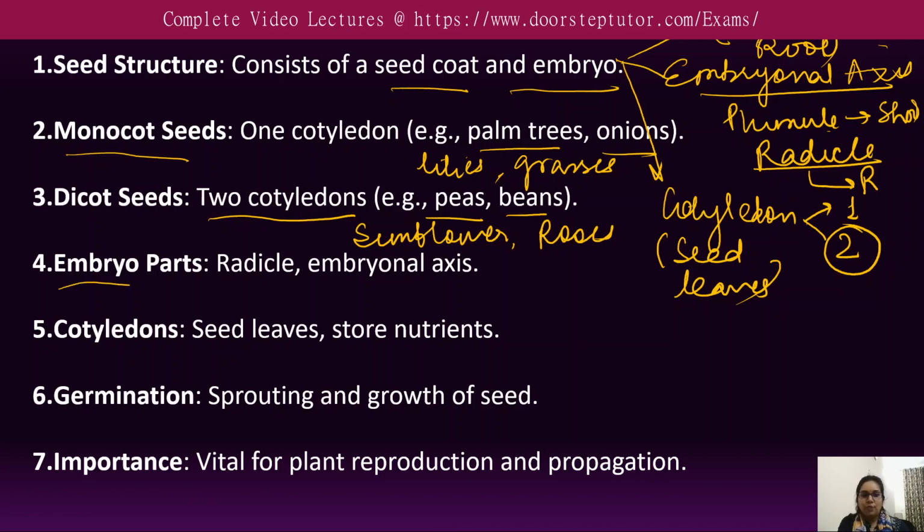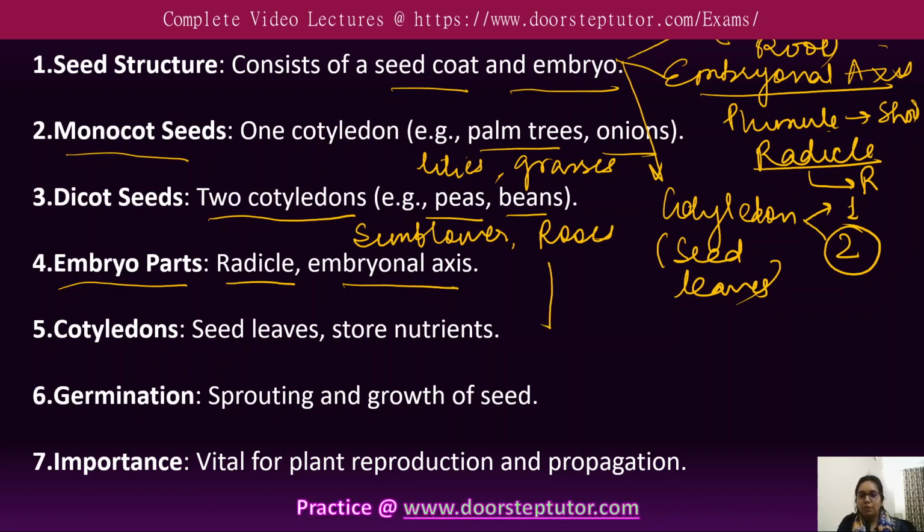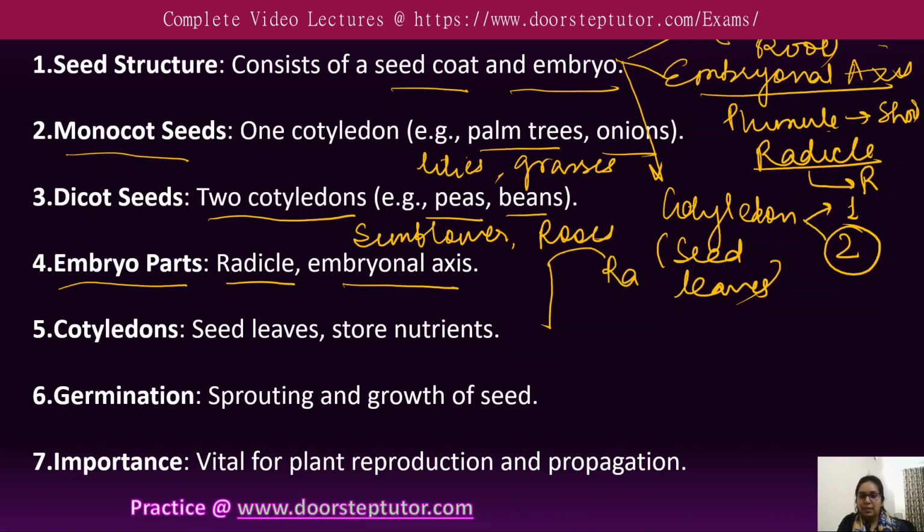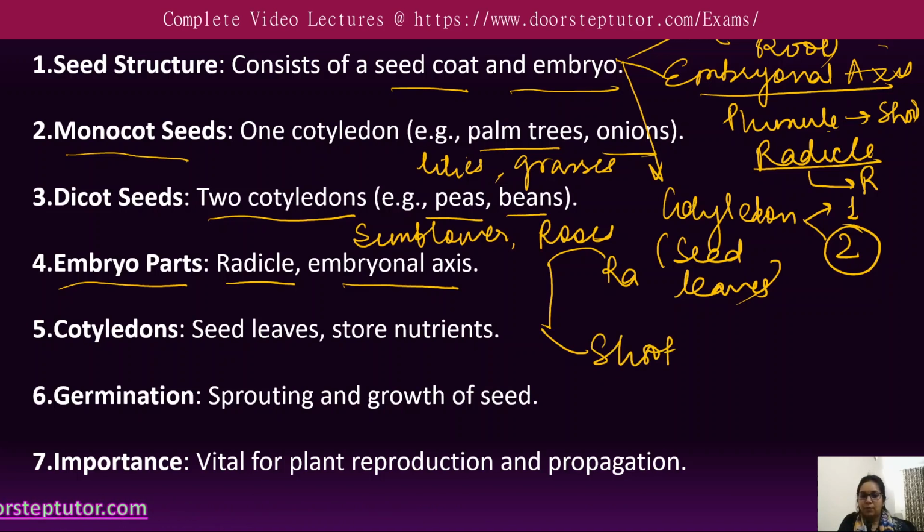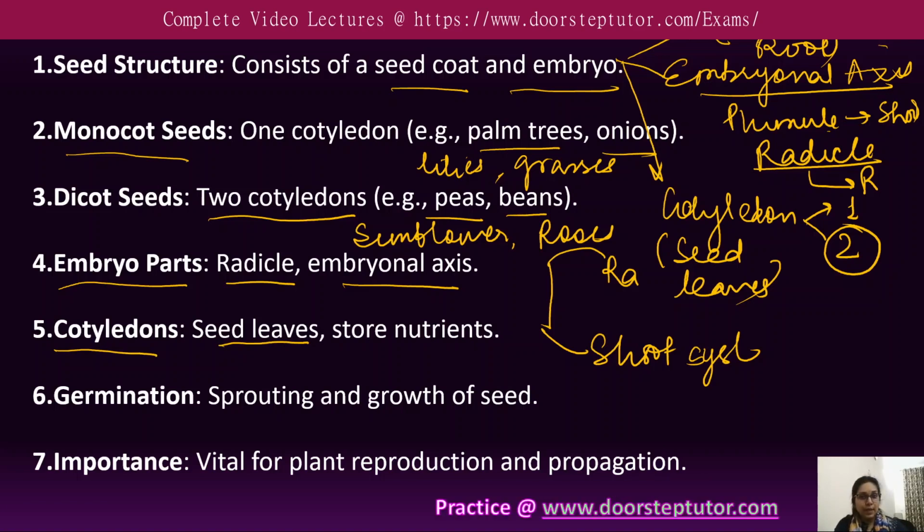Now the embryo part we have discussed, it is composed of the radicle and the embryonal axis, okay? And this embryonal axis is what? It is the central axis of the embryo from which both the radicle as well as the shoot system develop, okay? So it is very crucial for the establishment of the seedling. The cotyledons are what? These are the seed leaves, produced by the embryo.